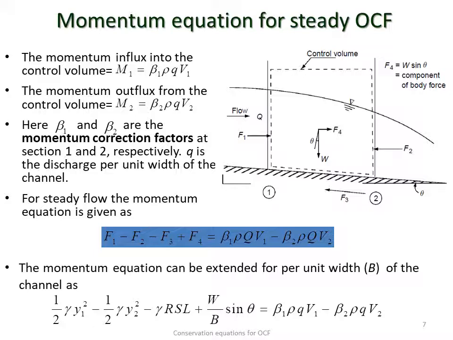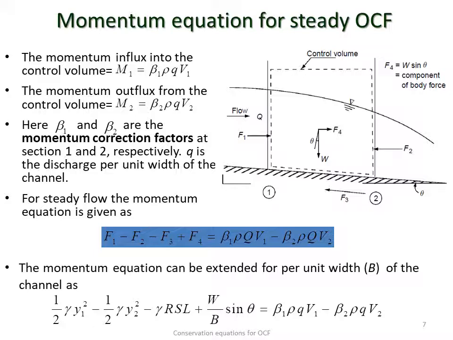Similarly, the momentum outflux from the control volume is given as capital M2, which equals beta 2 rho q into V2, where beta 2 is the momentum correction factor at section 2, and V2 is the mean velocity at section 2.